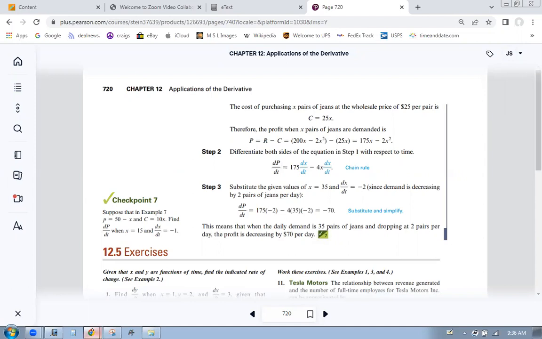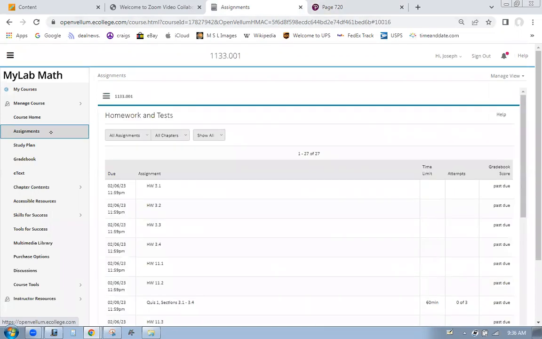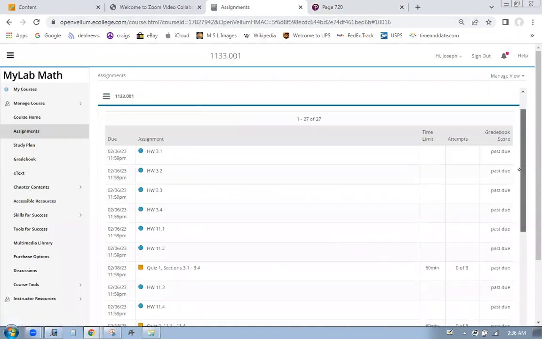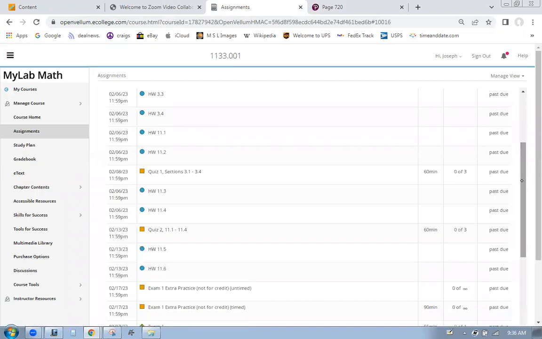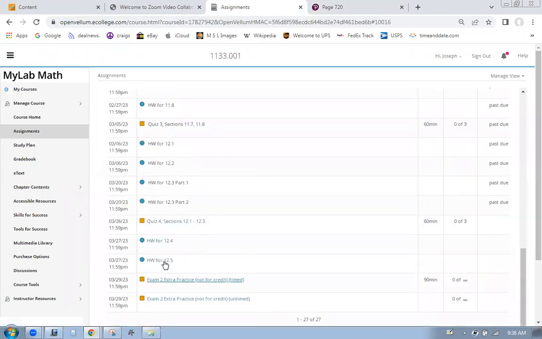Let's see here. Where is assignments? I'll pull up. I could do the textbook problems, but you'll probably prefer if I did the actual homework problems, right? Let's score. Good thing I came in on Friday. All right, let's see. This is section 12.5.